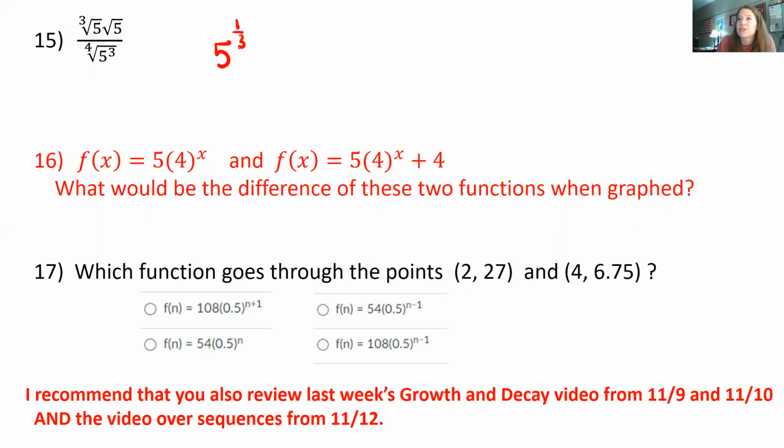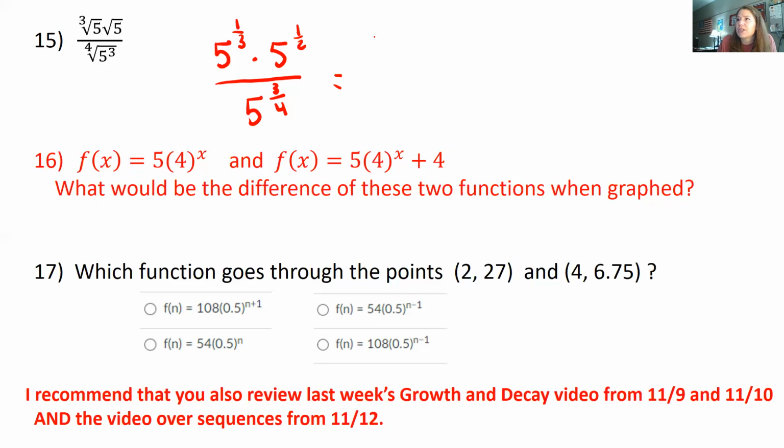This is a multiplication problem times 5 to the 1/2. And we're going to divide it by 5 to the 3, which stays our numerator, and the 4 becomes our denominator. So the top two numbers are being multiplied, so we're going to add those exponents. And then when we divide, we're going to subtract the exponents, right?